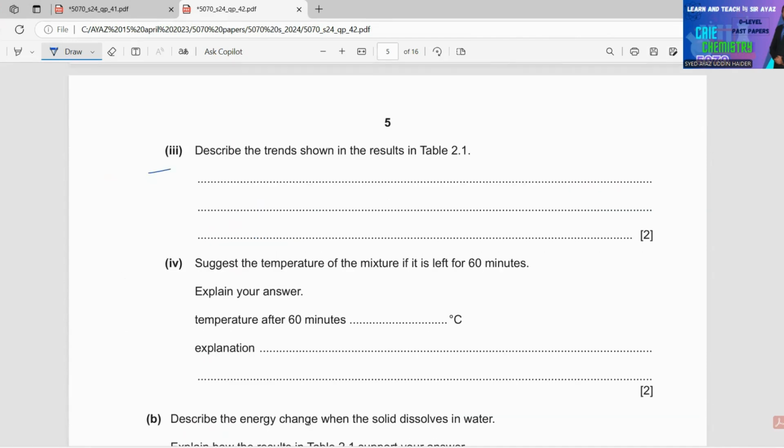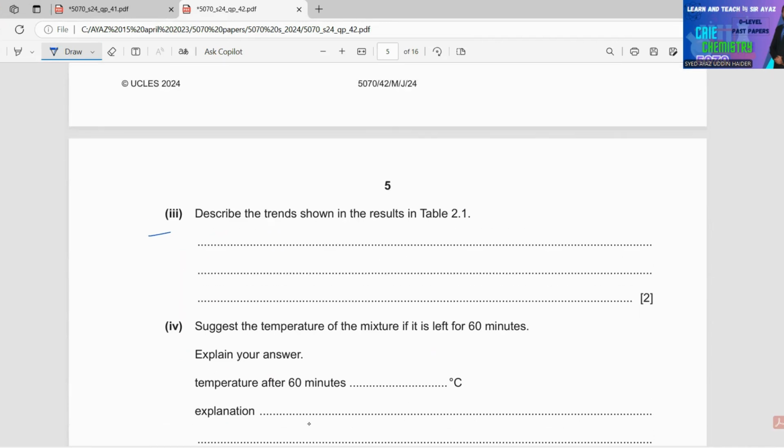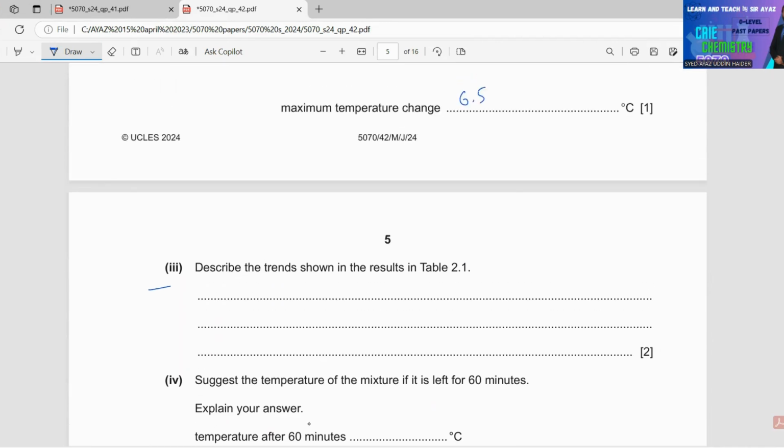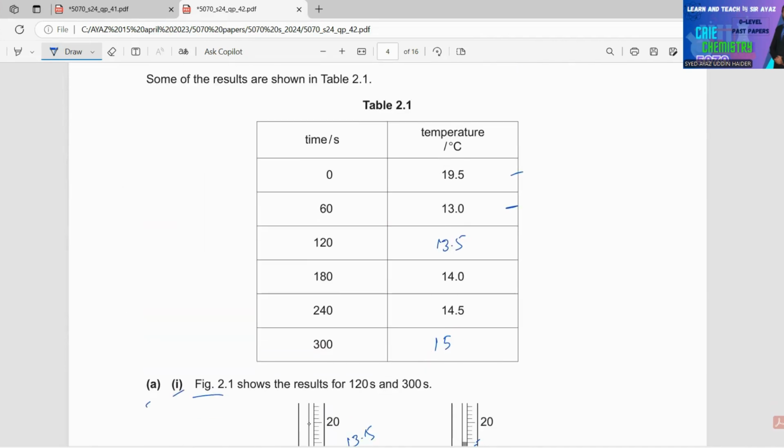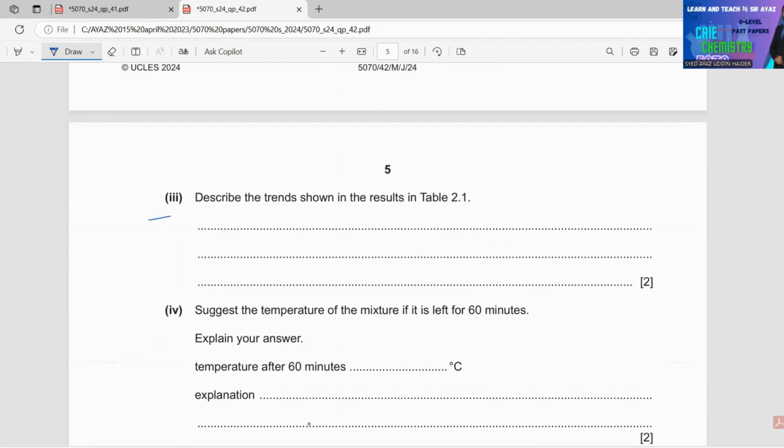Moving to next part, part 3. Describe the trends shown in the results in table 2.1. So if you look at the trend, so initially temperature, what's happening? 19.5, 13, it's decreasing. Then from 13, we have 13.5, 14, 14.5, then 15. So it decreases initially, then increases.